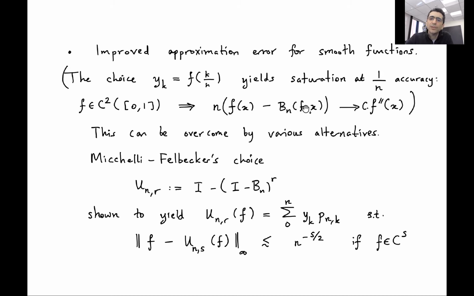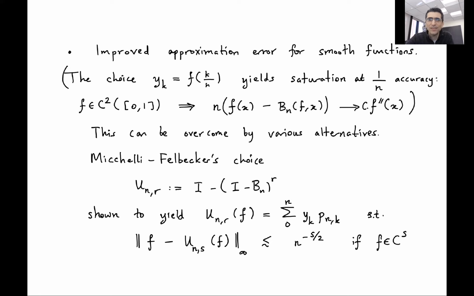So n times the approximation error of the regular Bernstein polynomial converges to a constant times the second derivative of f at x.